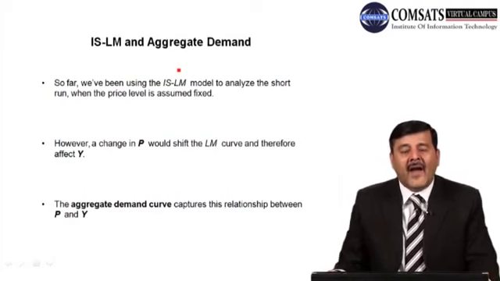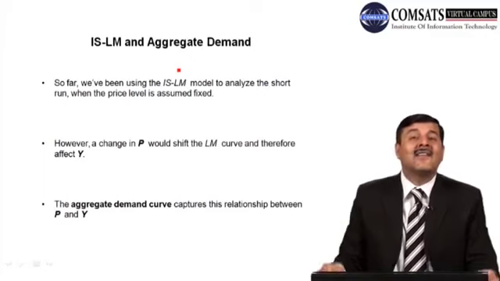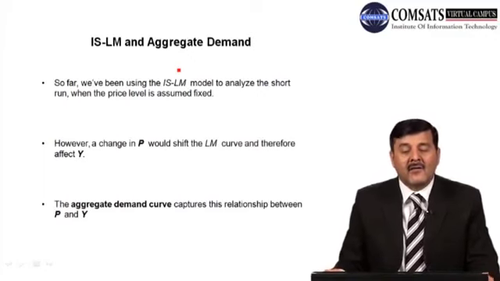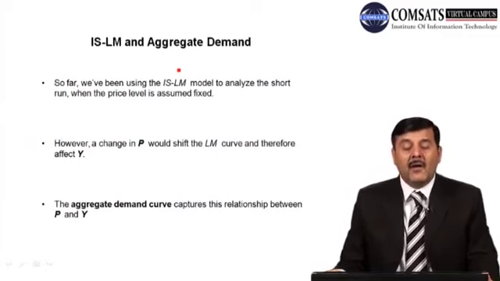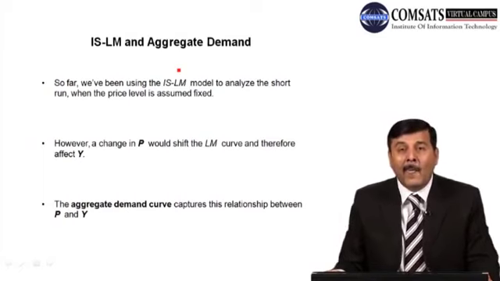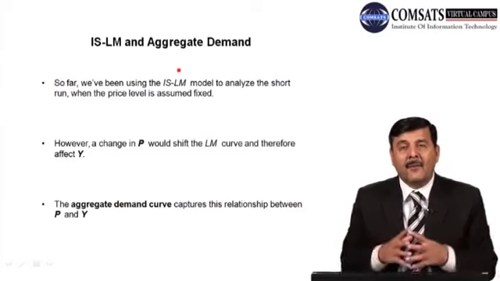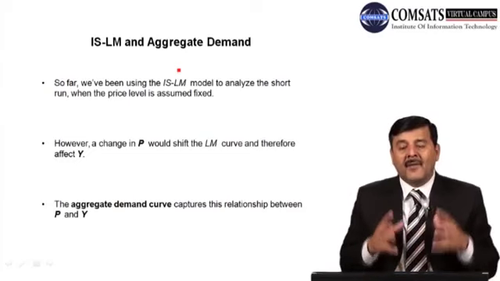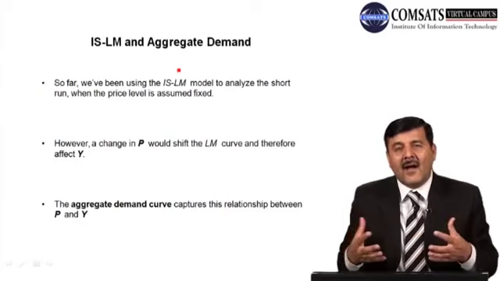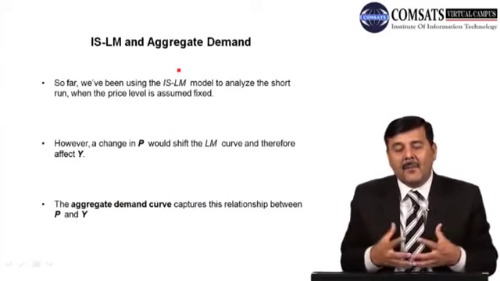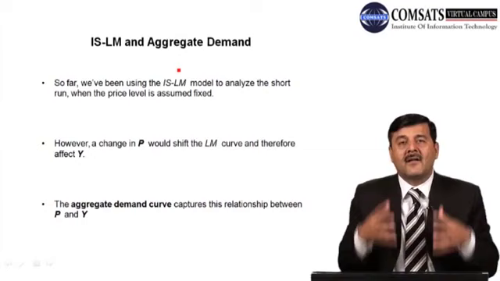So far, we have been using the IS and LM model to analyze short-term fluctuations, a short-term time period when the price level is assumed constant. However, a change in P would shift the LM curve and therefore affect Y. Whatever analysis we did so far, we assumed the time period is short run where prices are fixed.